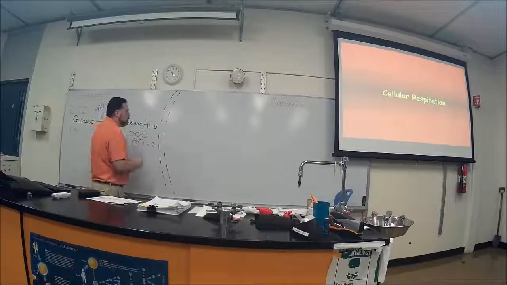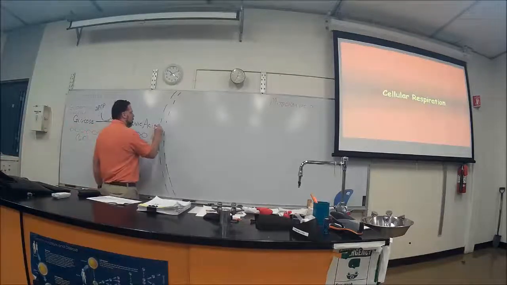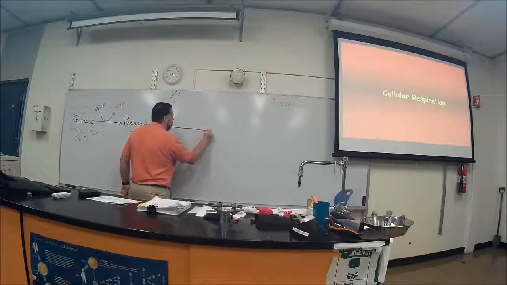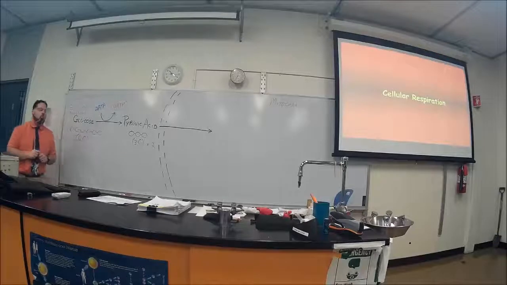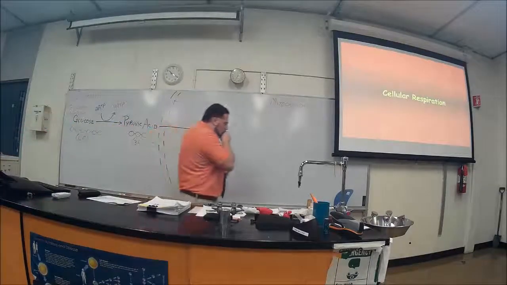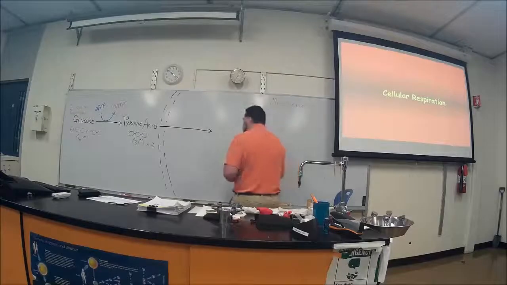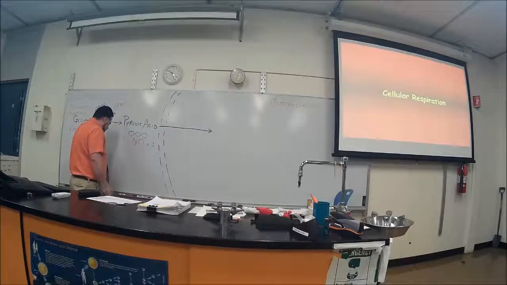If there is, then we're going to have to process or prepare that pyruvic acid, so it's going to enter the mitochondria. When it enters the mitochondria, a few things are going to happen.